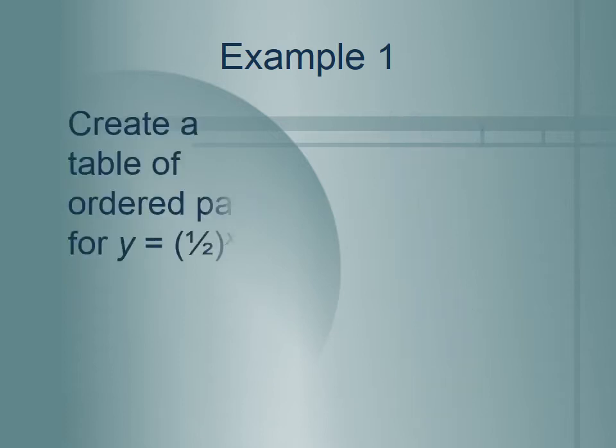But let's go ahead and compare it to the table of ordered pairs for y equals 1/2 to the x. So this is still an exponential function, but instead of doing 2 to the x, we're doing 1/2 to the x. So when we plug in negative 3, 1/2 to the negative third power is 8.